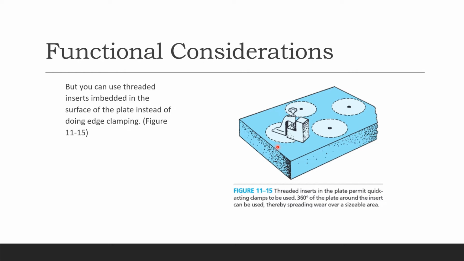If you want to eliminate clamping on the ledge, we developed something called threaded inserts. These are your inserts on the surface, and you can use that. So instead of edge clamping, you can do clamping in these inserts.